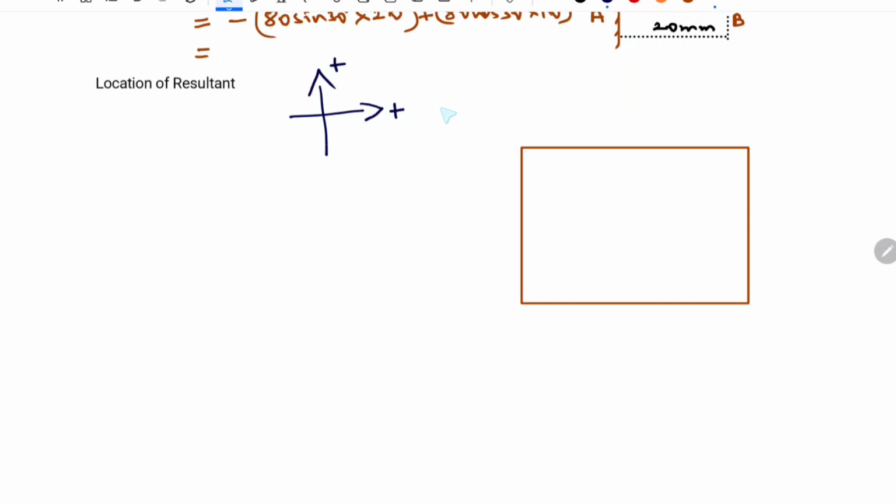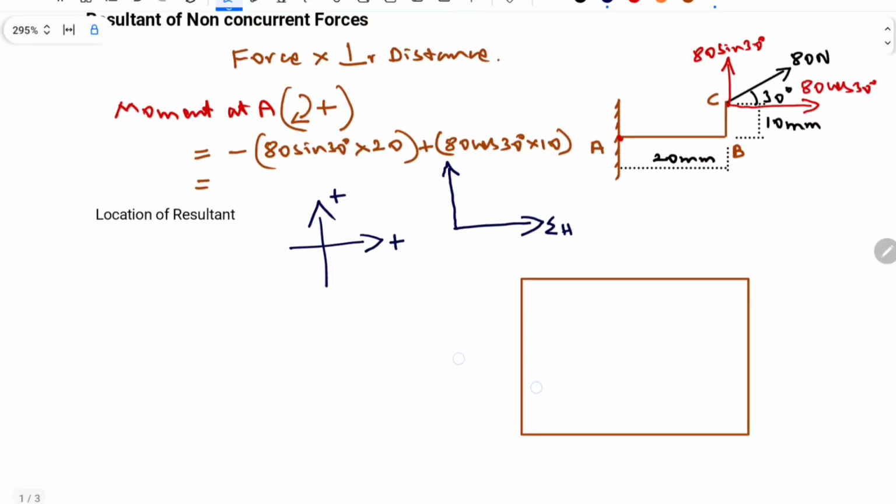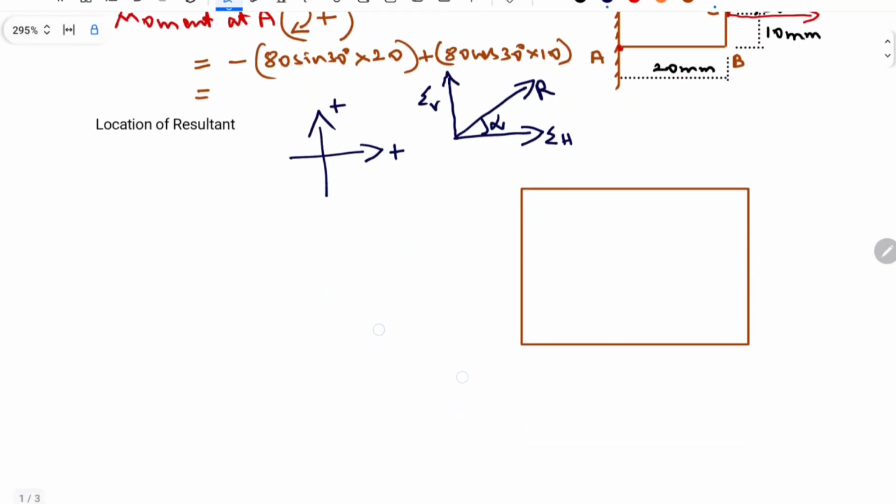If our system has a positive horizontal force, this is our sigma H, and if it has a positive vertical force, this is our sigma V. The resultant will be in between these two, and this is the alpha. So this is the magnitude and the direction of the resultant.